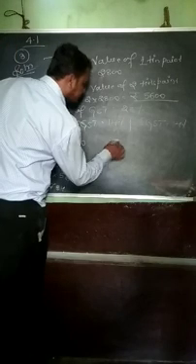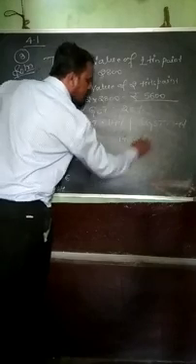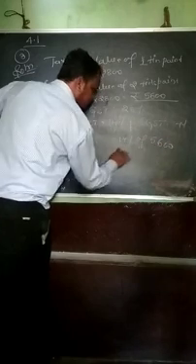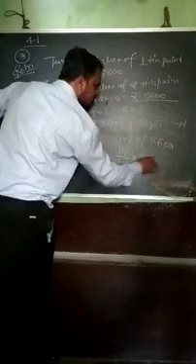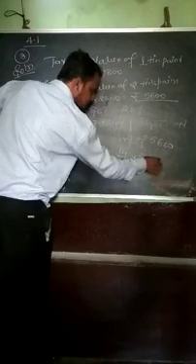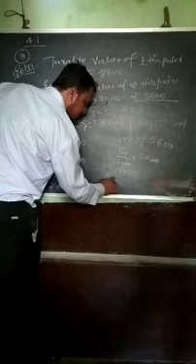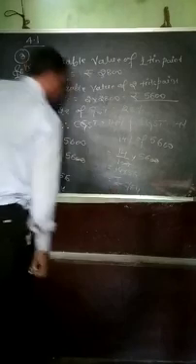Next, SGST. 14% of taxable value, which is 5600. 14 divided by 100 into 5600, the zeros get cancelled. 14 into 56 is rupees 784.